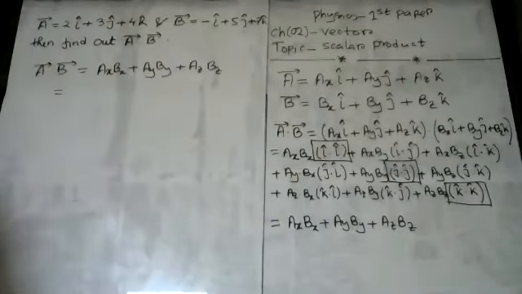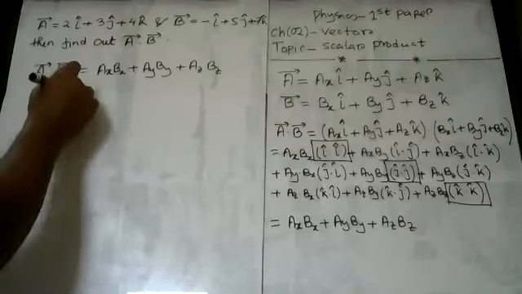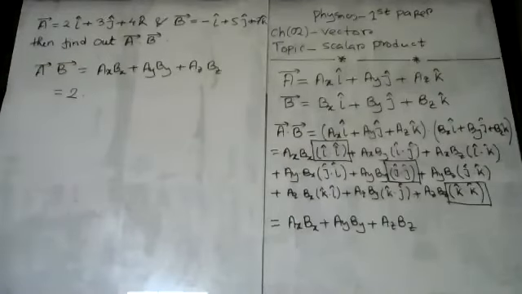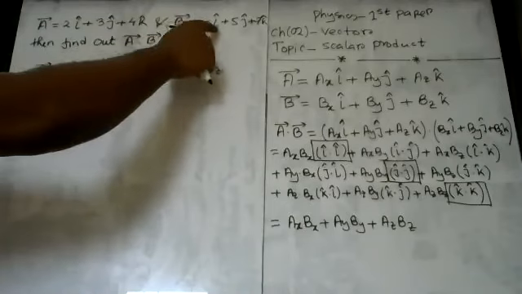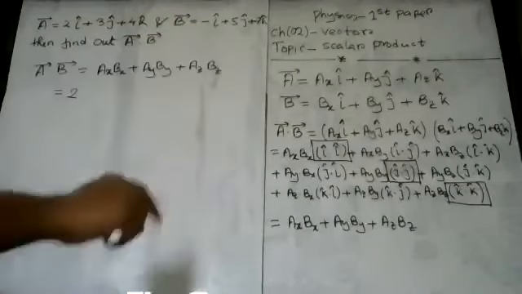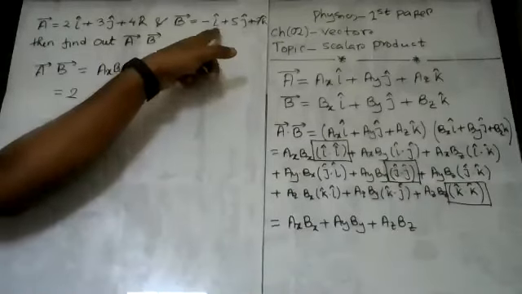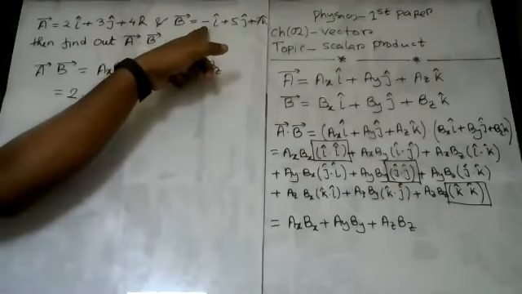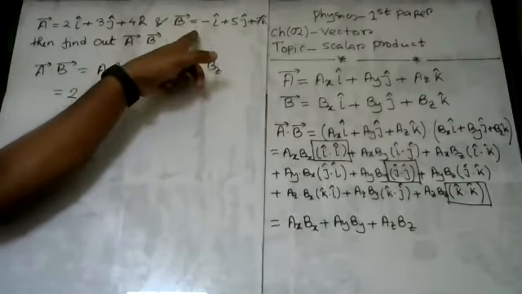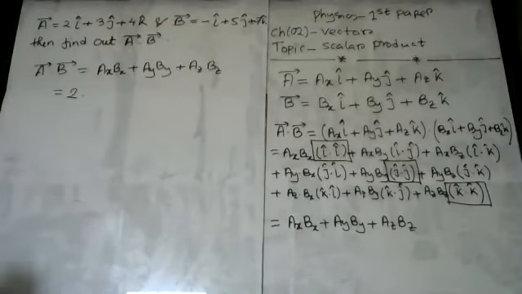Now, my dear student, ax is the coefficient, the multiplier of i hat, which is 2, into bx, the multiplier of i hat in B, which is minus 1.